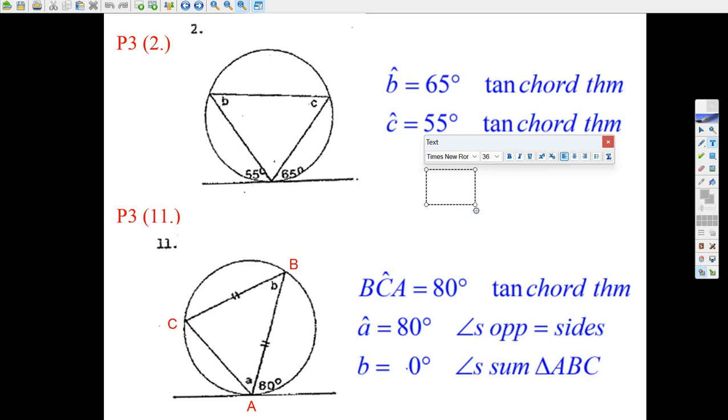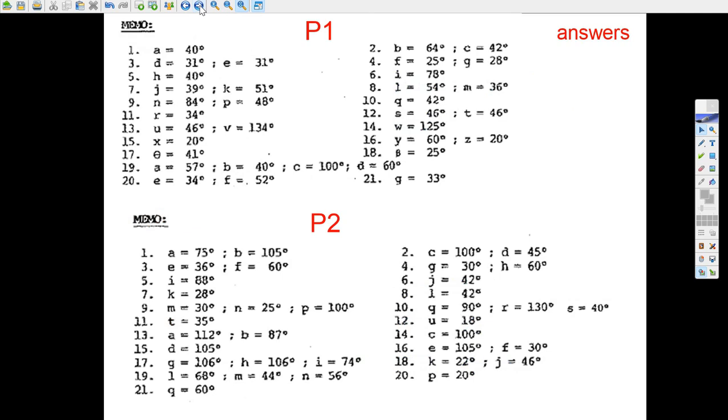So it's 20 degrees. That's what we need to put right here. So angle B is 20 degrees, and that's your answer. So there you go, and I think that kind of finishes things up.